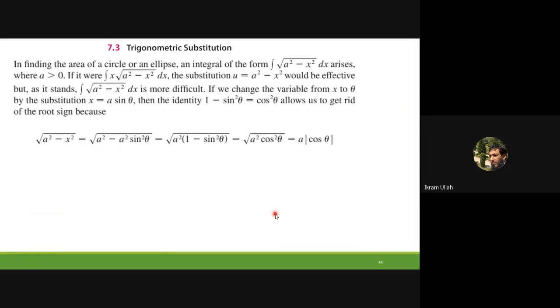Now section 7.3, trigonometric substitution. In finding the area of a circle or an ellipse, an integral of the form integral of the square root of a squared minus x squared dx arises, where a is positive.